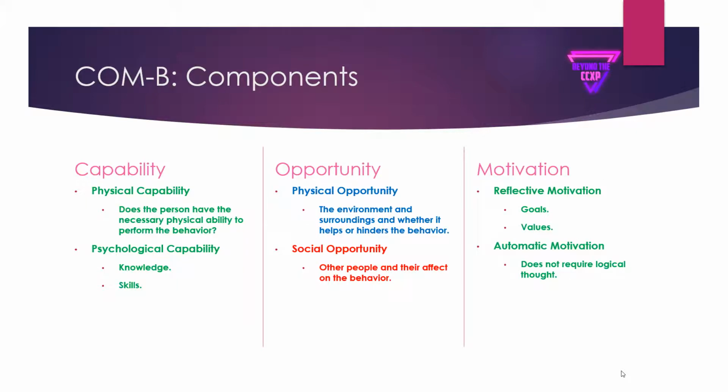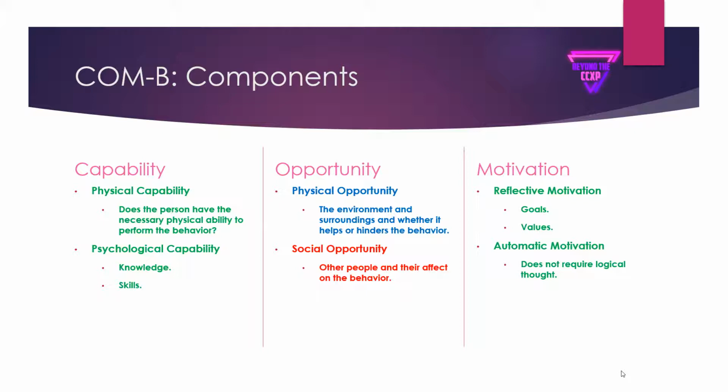So here's another way of looking at them, and I've color-coded them for you. I've put them into three columns here: capability, opportunity, and motivation. But the color coding is the key part here. Everything you see in green is the individual, so these are things that affect the individual. Physical capability: does the person have the necessary physical ability to perform the behavior?